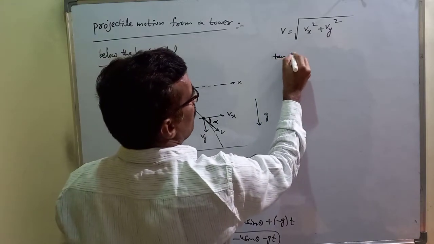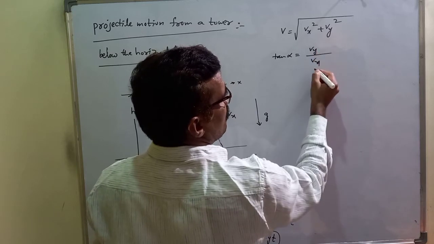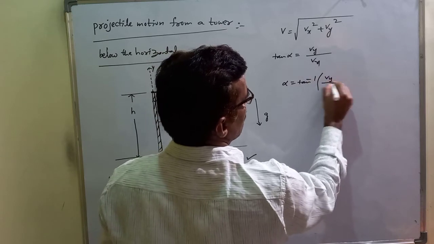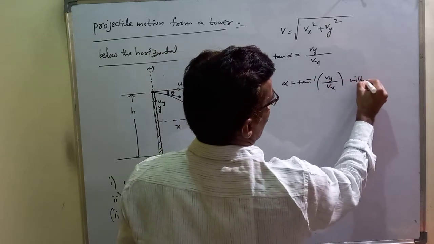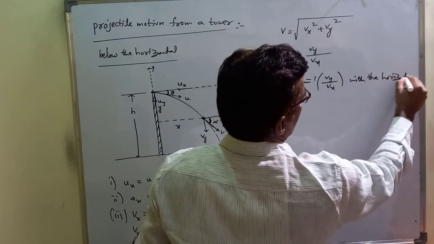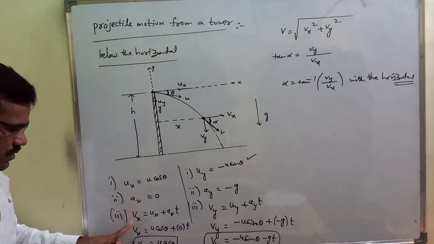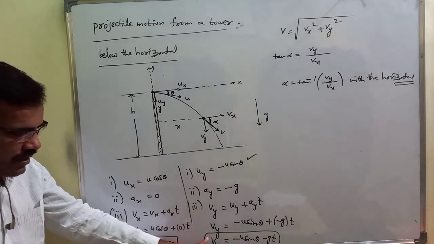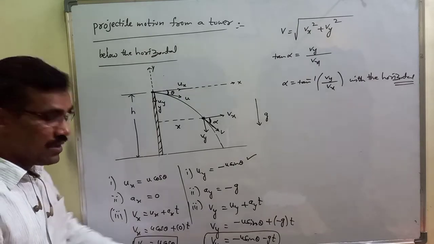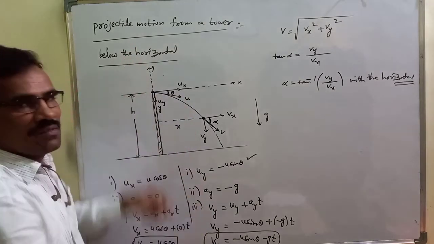Then the angle made by the projectile with the horizontal after t seconds: tan alpha equal to Vy by Vx, so alpha equals tan inverse, with the horizontal. Then Ux, Ax, Vx, Uy, Ay, Vy. The velocity vector after t seconds is Vx i cap plus Vy minus j cap. Minus j, why? Downward is minus j.